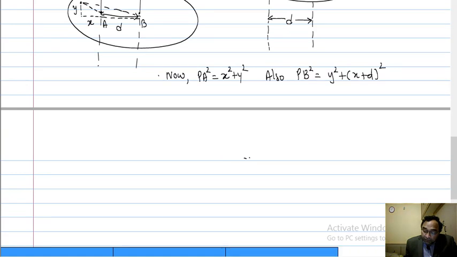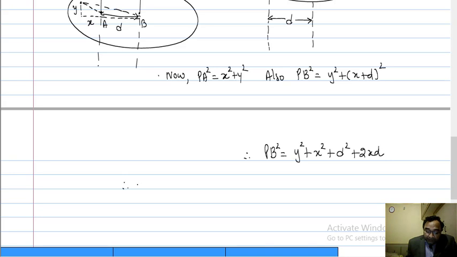So, therefore, we can write PB square as y square plus x square plus d square plus 2 times xd by expanding whole square. This is what we get. Now, PA square is x square plus y square. Now, how exactly to proceed?